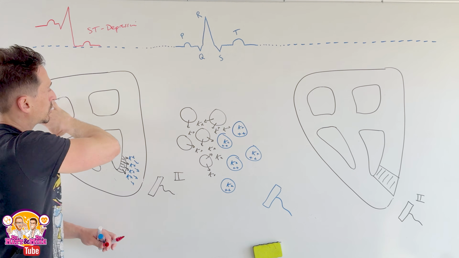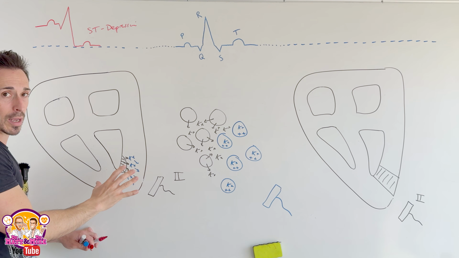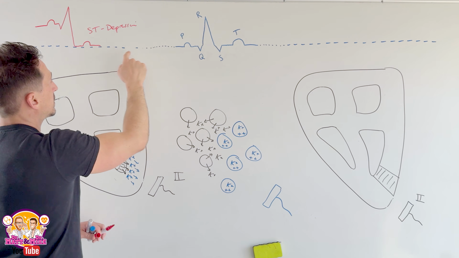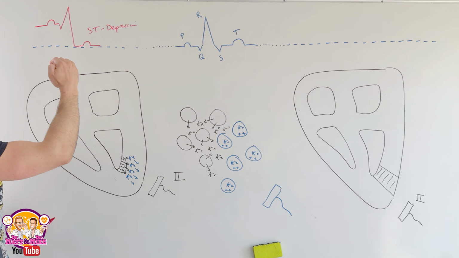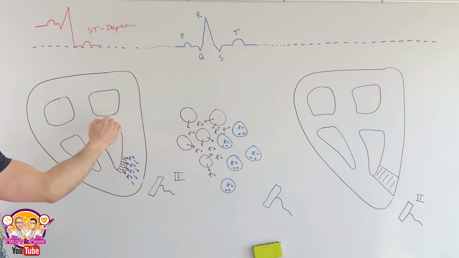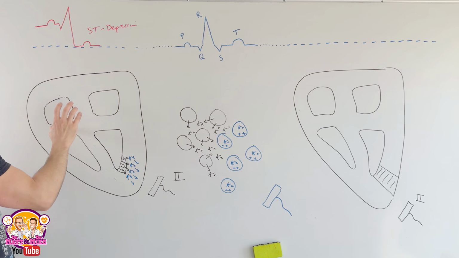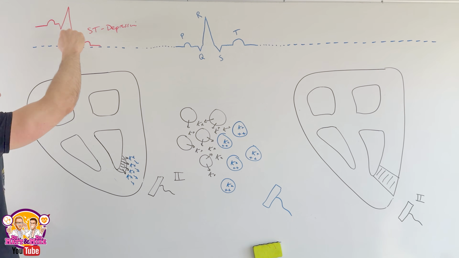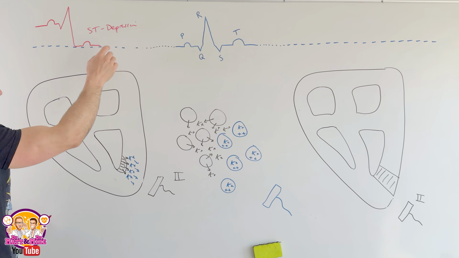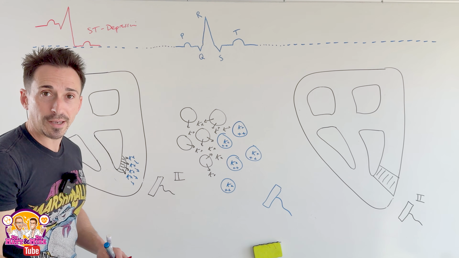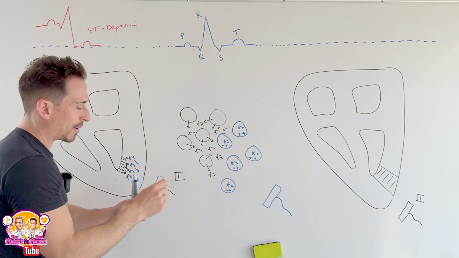But because it's not a P wave or a QRS complex, it picks it up as the isoelectric point is elevated. And then, with it elevated, you get the P wave, you get the QR and then S, and then you get the resetting of the heart that happens normally. So that is what's happening subendocardial.